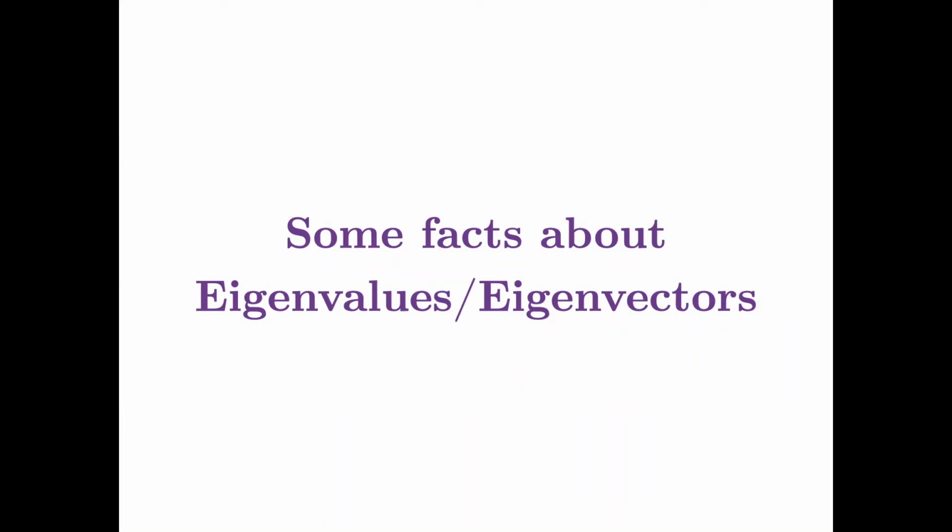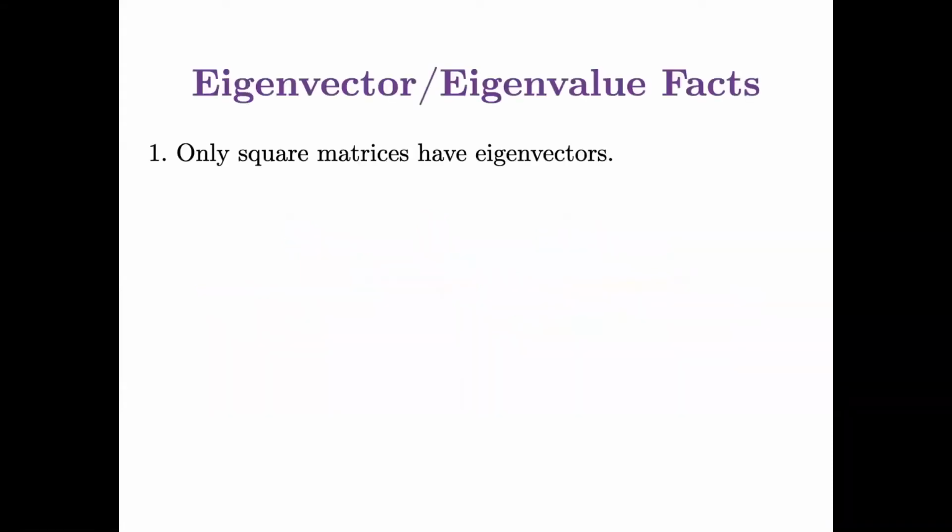Now that we've covered the basic definition, let's talk further with some facts about eigenvalues and eigenvectors. This first fact was covered in the practice from the previous video, and that is that only square matrices have eigenvectors.